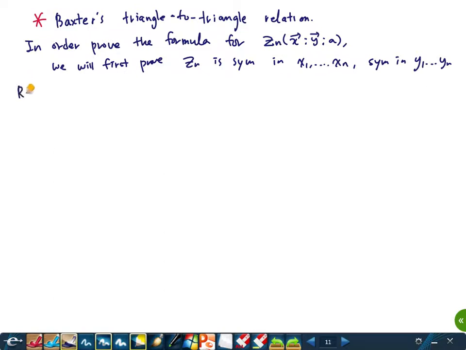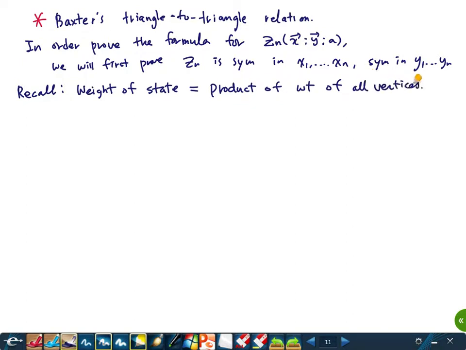So recall, the weight of each state is defined by the product of the weights of each vertex. So the weight of a state equals the product of the weights of all vertices. Right? And what is the weight of a vertex?